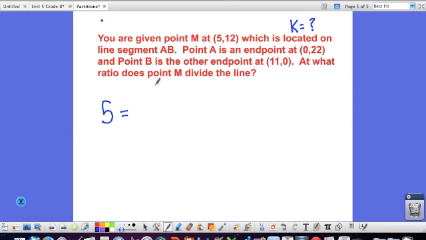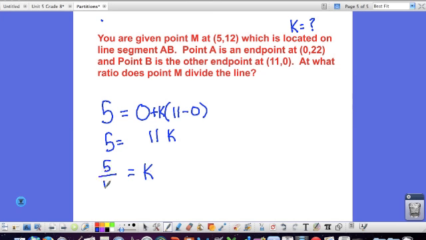So x1 is 0 plus k times x2, which is 11 minus 0. And we're solving here for k. So 5 is going to equal 11 times k, because 11 minus 0 is 11. That's 11k plus 0, which is 11k. So k is going to equal 5/11.